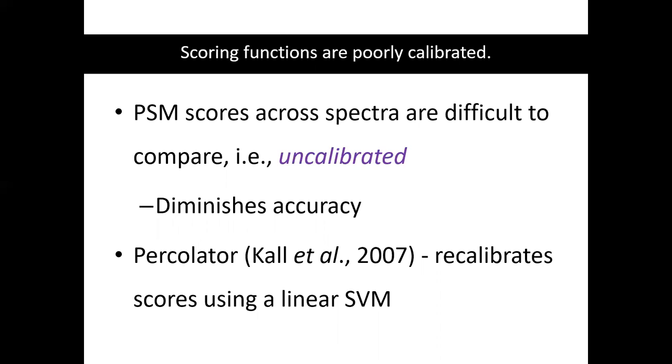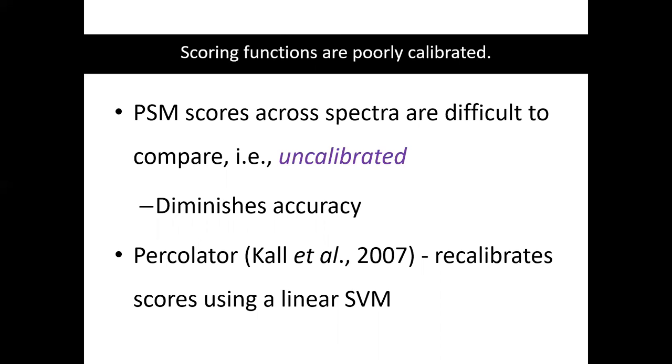And this has to do with the extremely noisy nature of these spectra. So when it comes time to do our FDR analysis, this effectively diminishes overall accuracy. So we're leaving a lot of peptide identifications on the table. What's typically done to recalibrate these scores is called the Percolator algorithm.